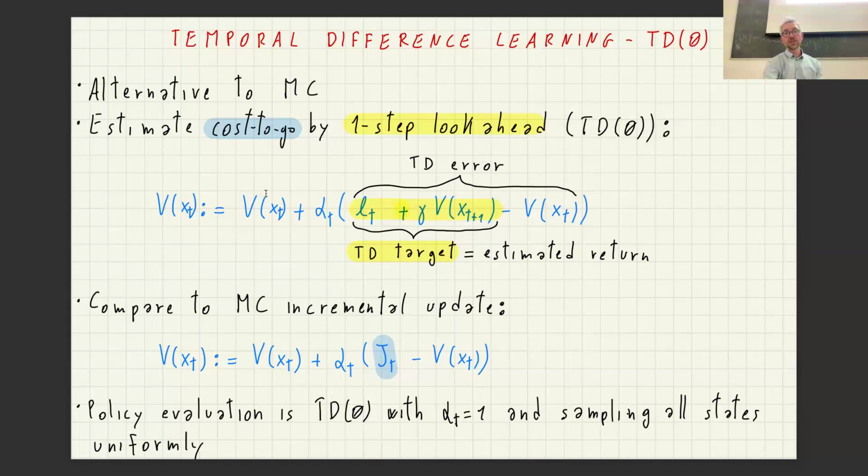And at each iteration, you basically collect the cost, you collect the next state, and then you just compute the TD target, which is cost plus discount factor times the value at the next state. This value is your estimate of the value, so it's not going to be correct, but it's fine. That's how it's supposed to work. And then you compute this difference, which is the TD error, and you multiply times the learning rate alpha, and that's the quantity you add to your current estimate of the value of that state.